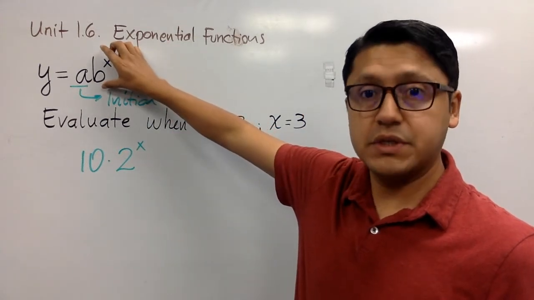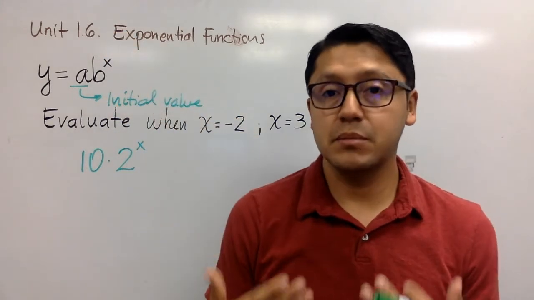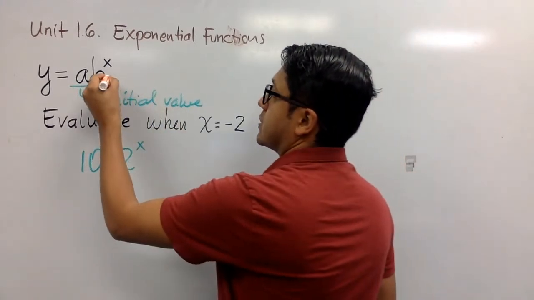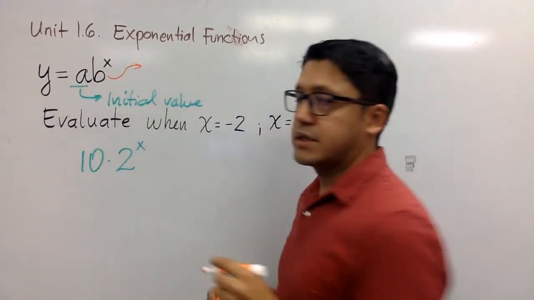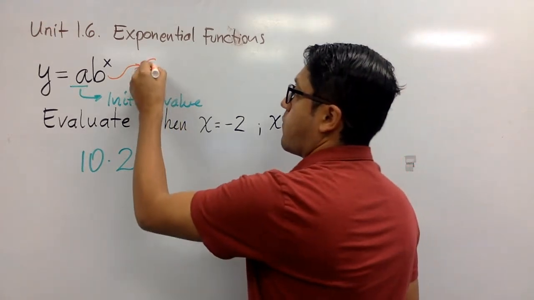This power b to the 0 turns into a 1, so that is going to be what happens at the beginning, all right? And also take into account that b is what we call the growth or decay factor.